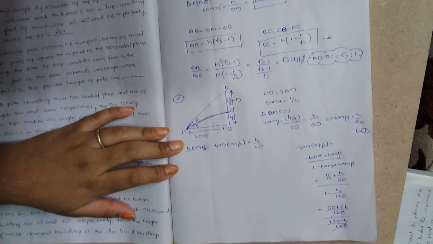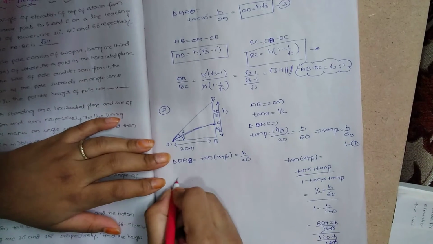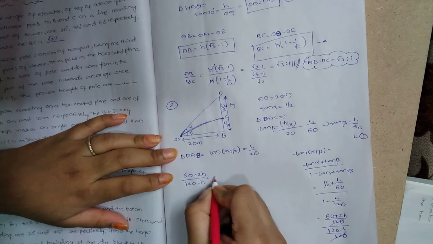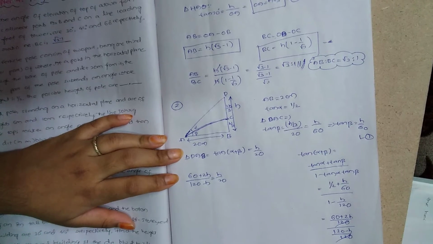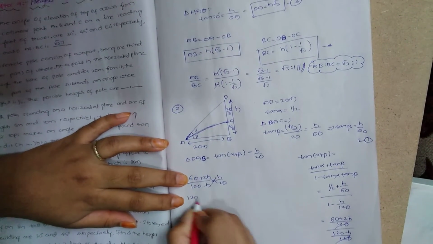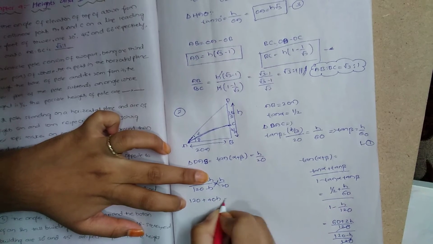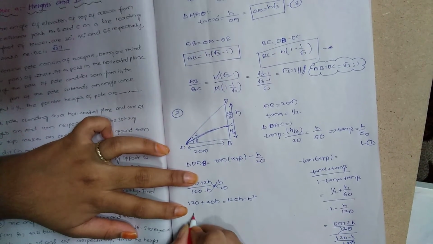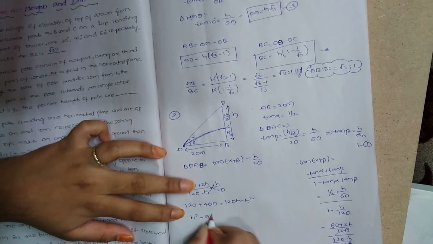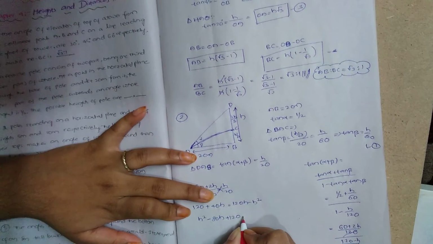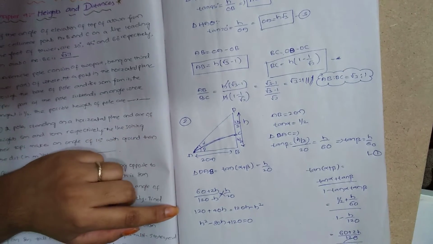Now look here. (60 + 2h)/(120 - h) = h/20. Now crisscross: 120 + 40h = 120h - h². So h² - 80h + 120 = 0.